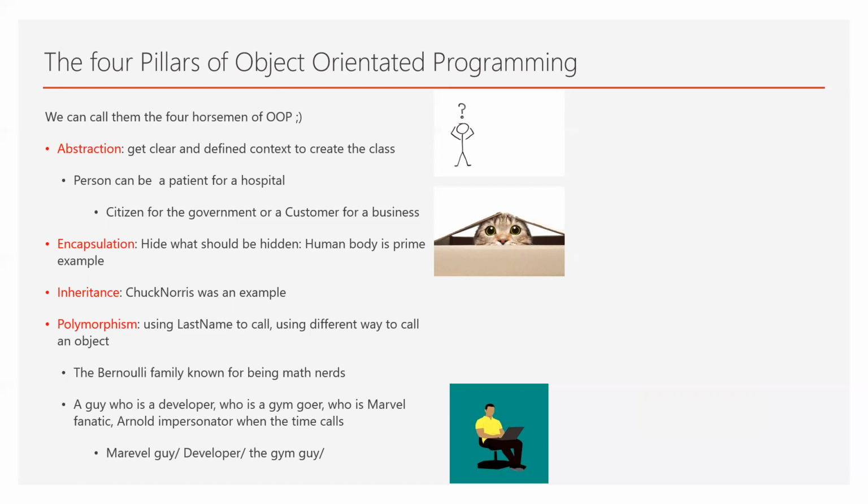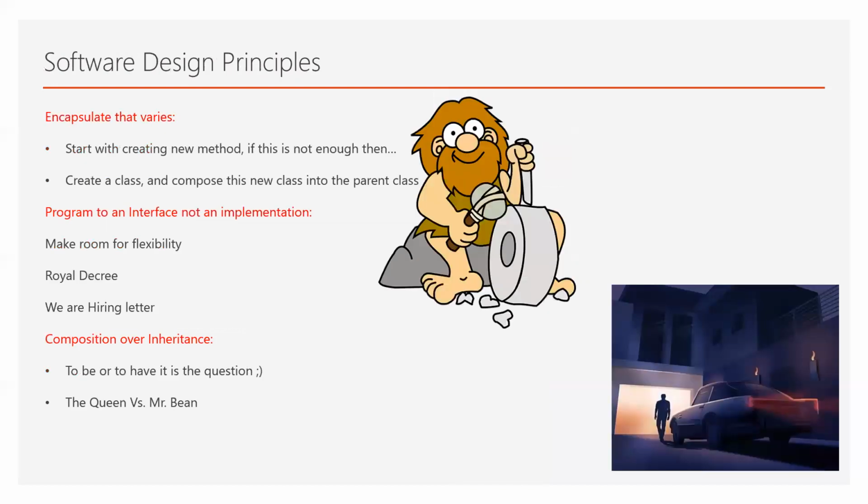So the last slide is the software design principles, and here we start with a very basic example: this guy who was a caveman, and let's say he's trying to create a wheel for the first time. It's very simple, and all he can do is just sit down for a week and try to come up with the idea and then build this wheel.